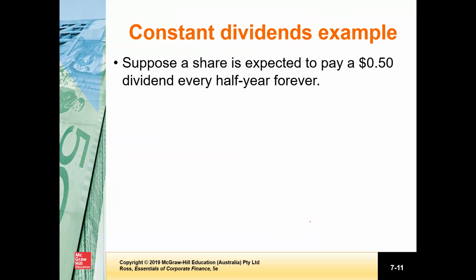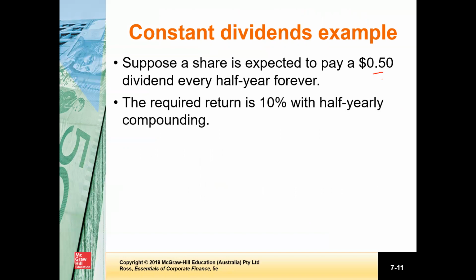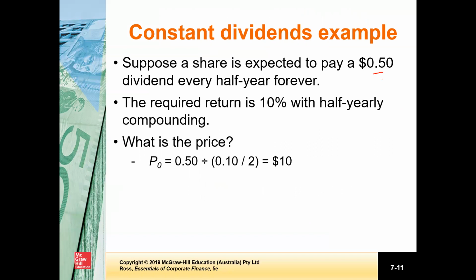So let's see some examples. First of all is constant dividends. Suppose a share is expected to pay $0.5 dividends every half year forever. You see that it's essentially a perpetuity, and your required rate of return is 10%. So we use the perpetuity formula, dividend divided by required rate of return.